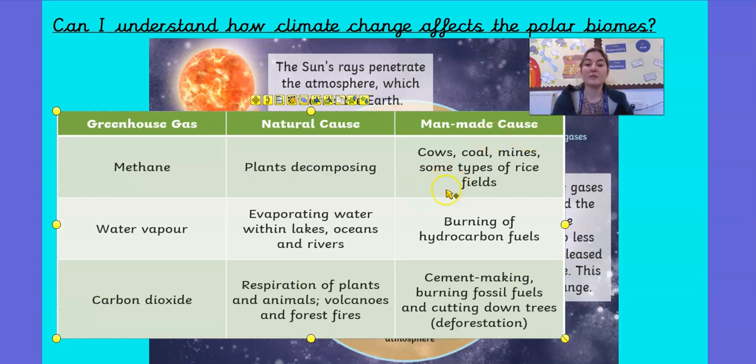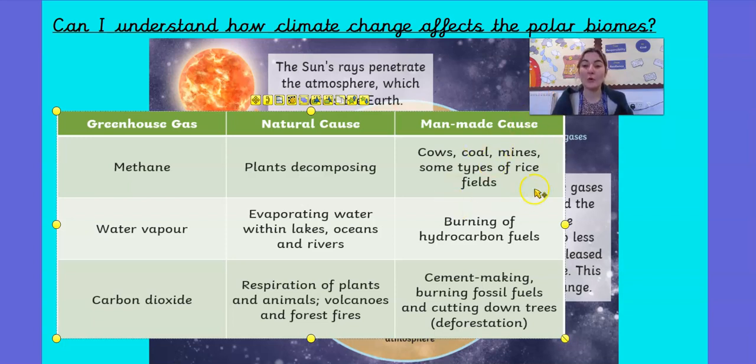Then man-made causes, so we've got cows. Cows, and us looking after cows and using them for food, produce a lot of methane because they do a lot of back-end business, shall we say. They release a lot of quite harmful gases. So that is one thing that adds to the amount of methane we've got in our atmosphere.